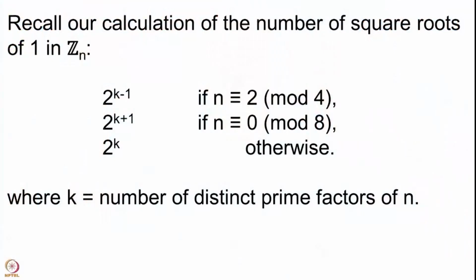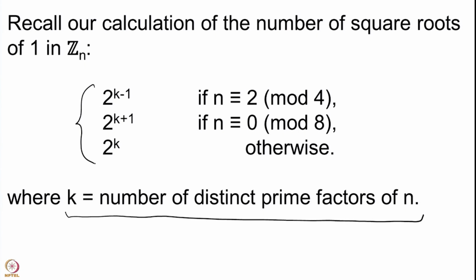So, now let us look at the UN which cannot be cyclic, and therefore, we will have to recall the number of square roots of 1 that we have already computed. So, these are the number of square roots of 1 in Zn, and if you remember, this was the exact description. So, whenever we had k distinct prime factors, we had the numbers to be these 3 numbers.